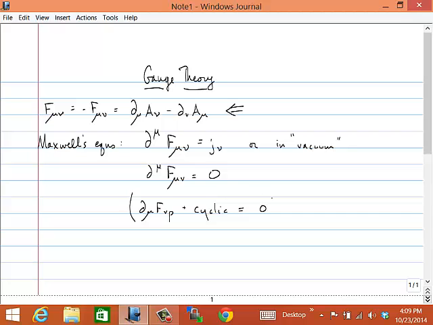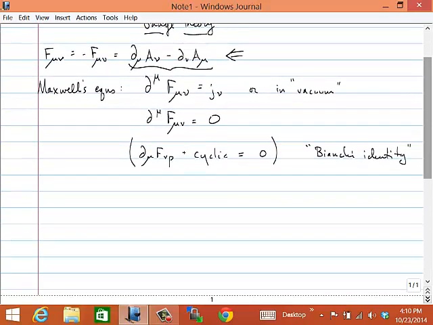So this is sometimes not regarded really as an equation of motion, but rather just as a mathematical identity, which follows from the fact that F is defined in terms of the derivative of A in this way. Okay. So the second equation is sometimes referred to as the Bianchi identity. And it's not really an equation of motion as such. It's just a consequence of the fact that F is this partial derivative of A.